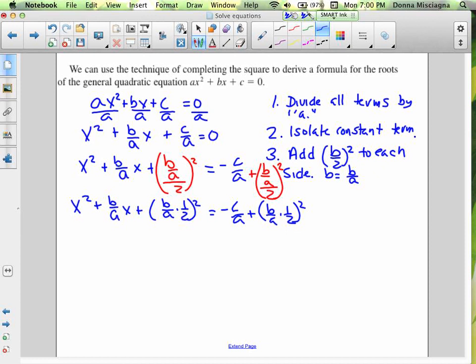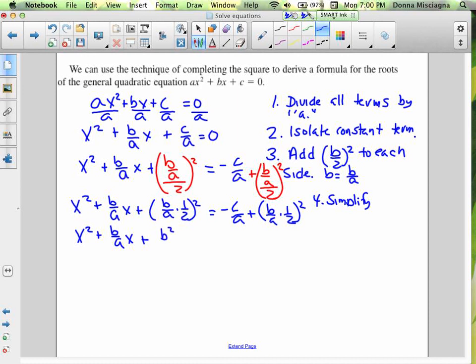So step 4 is we're going to simplify. All right, so now let's square that value. So we have x squared plus b divided by a x plus. All right, so that's just a product and a quotient. Remember, you can distribute a square to a product or quotient. So in the numerator, we're just going to have b squared.